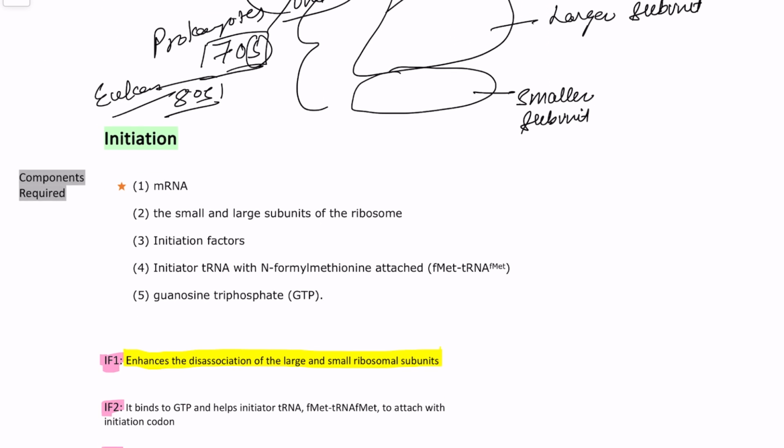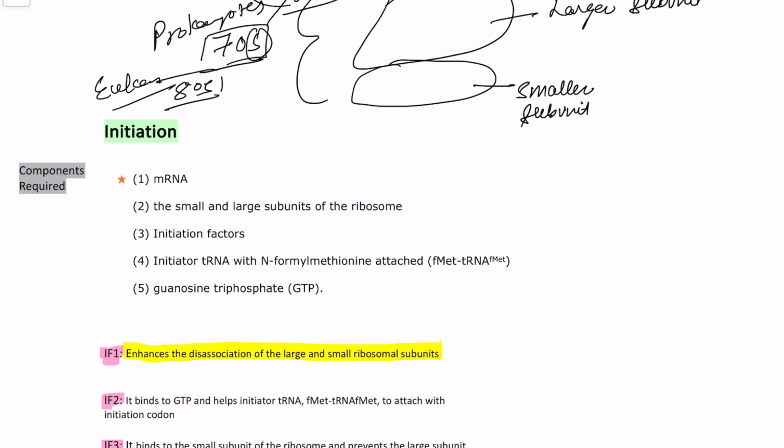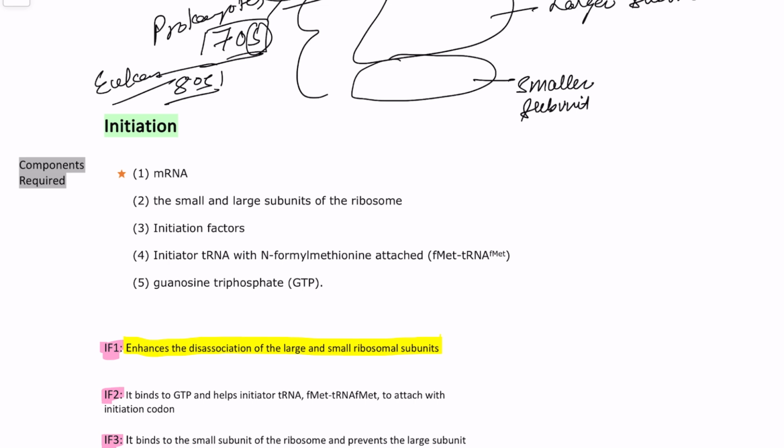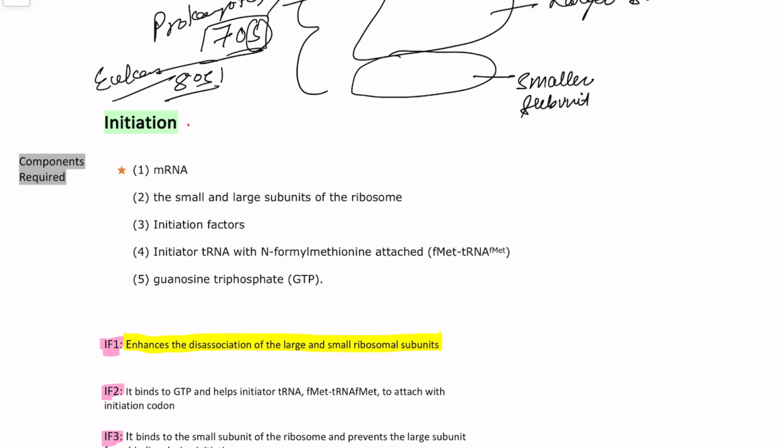So coming to the initiation steps, first of all, what are the components required in the process of initiation of translation. A very important component is the mRNA. mRNA is the most important component required for the process of translation, right?